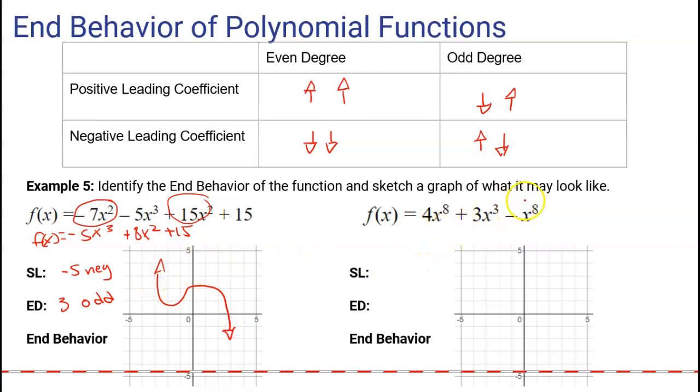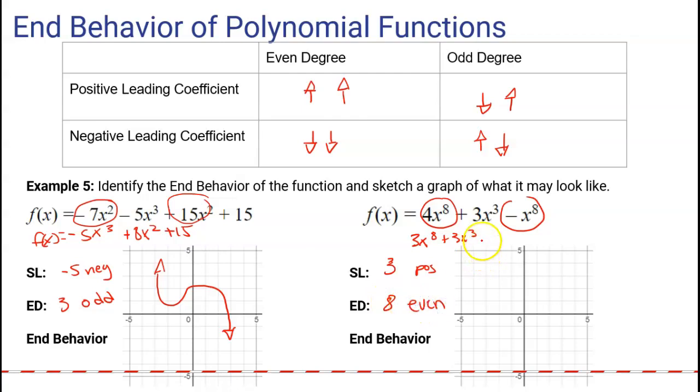For my second one, I'm also going to look, and I see that it is not in standard form because it still has like terms. So this will be a 3x to the 8th plus 3x to the 3rd. My sign of the leading coefficient is positive. And my degree is 8, which is even.